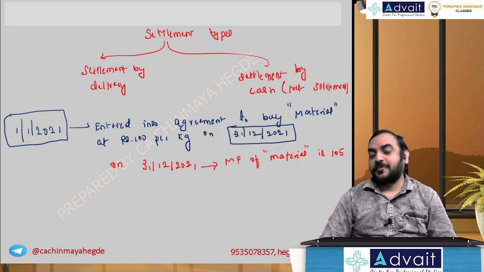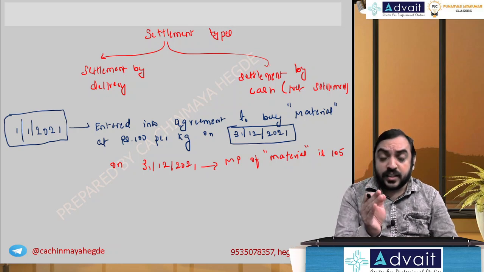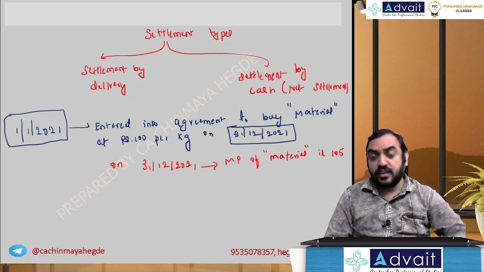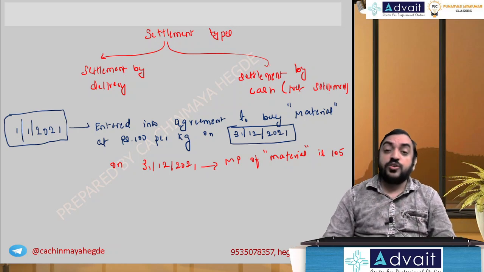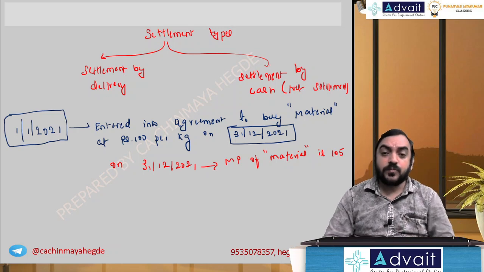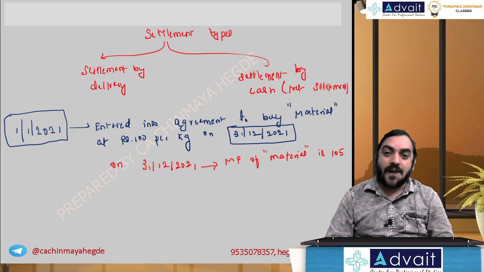Now you tell me, where will you buy this material? Will you buy it from the market, or from the person with whom you have entered into an agreement? First of all, you don't have a choice. You have entered into an agreement. Market price does not matter.